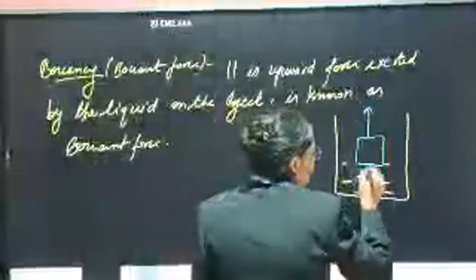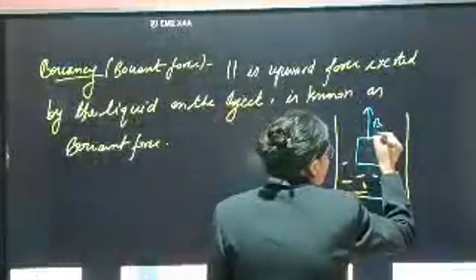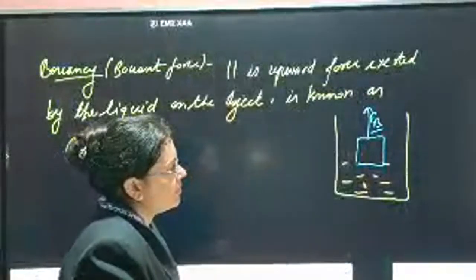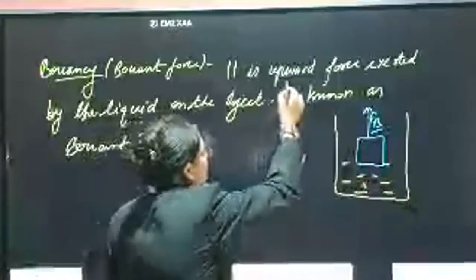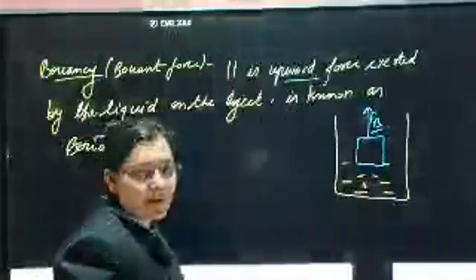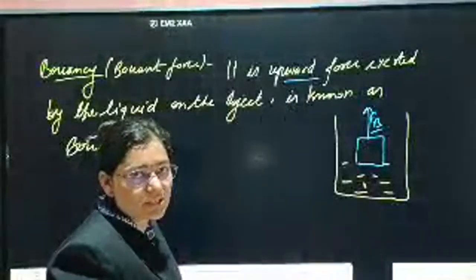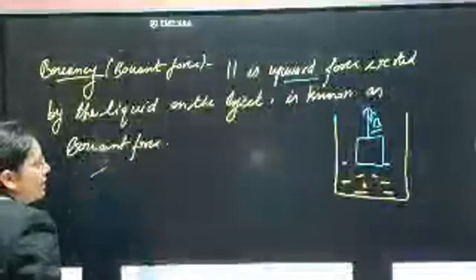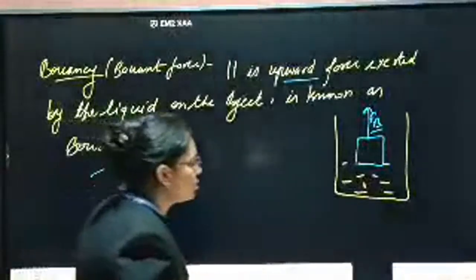The force the liquid exerts upward we call buoyant force, or buoyancy you can say. So this upward force exerted by the liquid on any object is known as buoyant force, or buoyancy. This is a force only, that's why we will call Newton the unit of this buoyant force. So let us do some questions related to this.